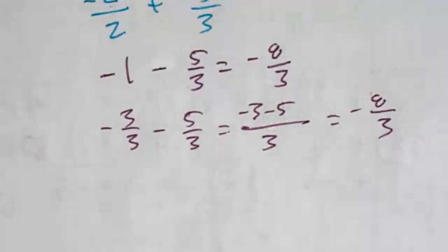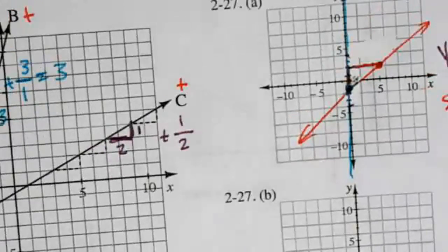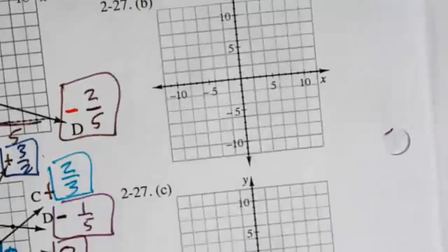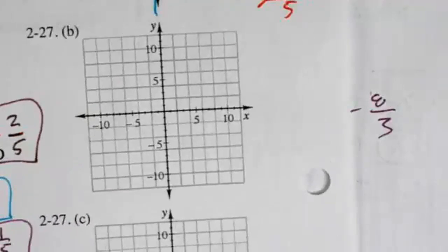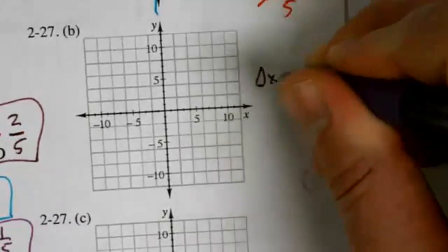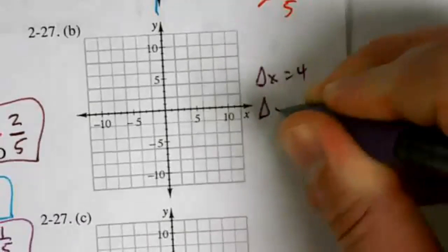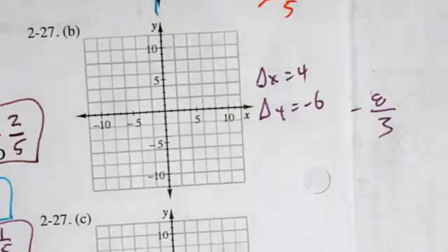All right, let's talk through these. Part B was kind of weird. They told us in part B that our change in x was 4 and our change in y was -6. They did not give us a starting location, right?